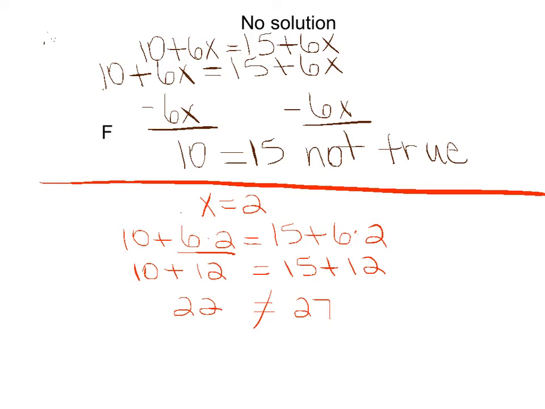When you solve for x for an equation, and the variables cancel each other out, and you get a false statement, that means that equation is false for any variable value. This means that your equation has no solution.